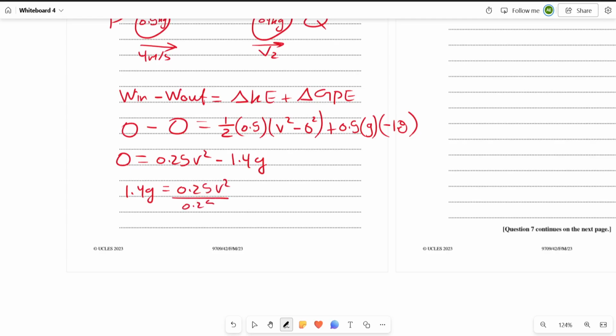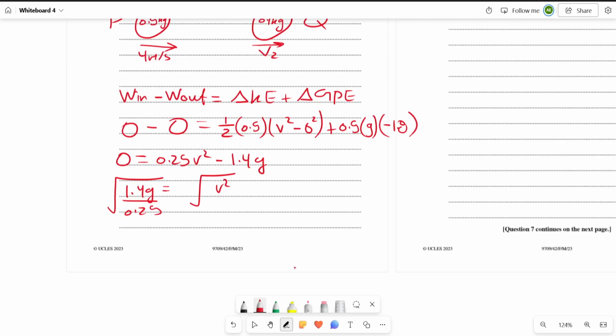Divide by 0.25 on both sides. Then we can square root both sides to find v. This is going to give me the square root of 1.4 times 10 over 0.25.